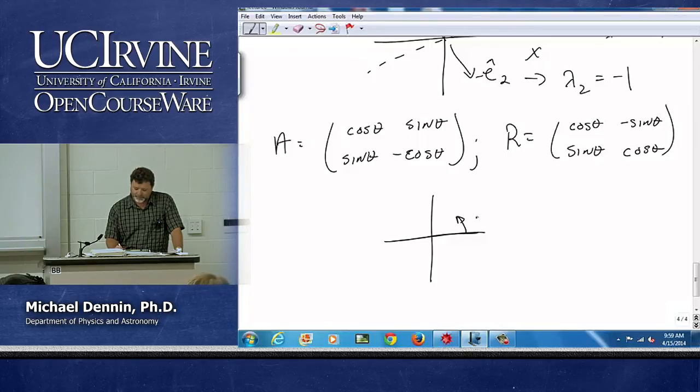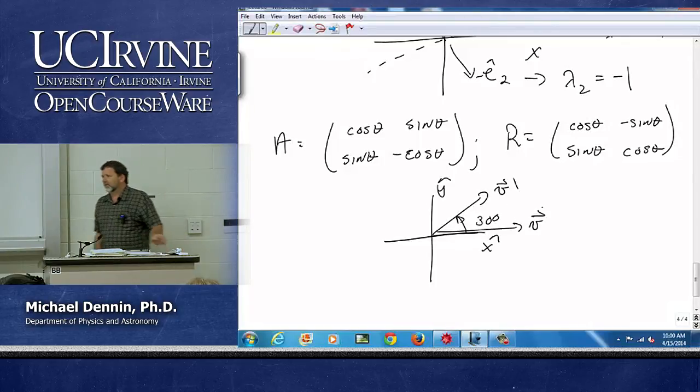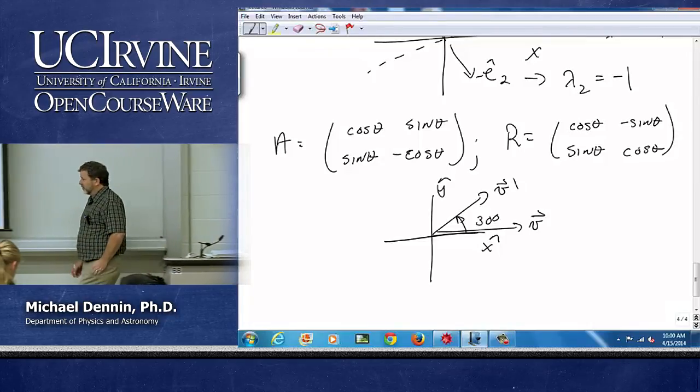So I'm going to rotate by 30 degrees. Talk about this one.